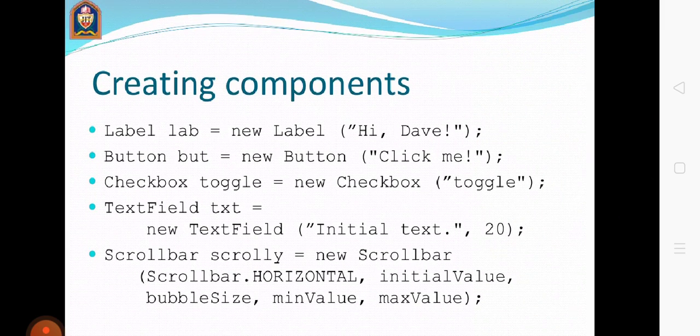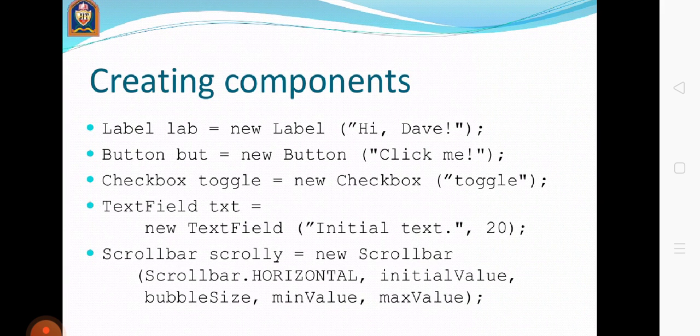Now here is some code for an example. If you want to create a component, here is how you can do it by using the Java language. In the first line you can see that we have declared an object of the Label class, that is lay, and this will have the caption hide there. Then in the second statement we have declared an object of the Button class, but.